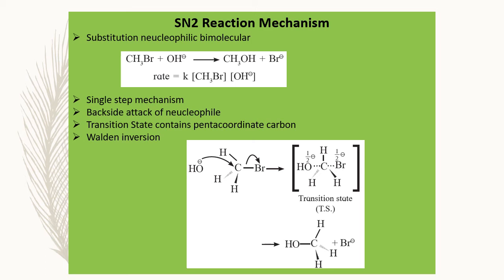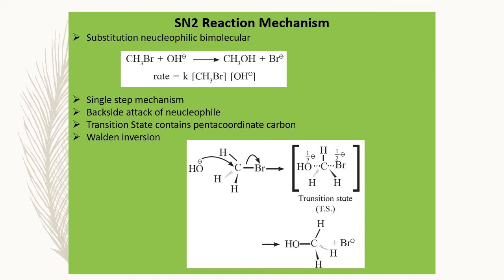In the transition state, the nucleophile and leaving group are bonded to the carbon atom with partial bonds and carry the partial negative charge. The transition state contains penta-coordinate carbon having 3 sigma bonds in one plane, making a bond angle of 120 degrees with each other, and 2 partial covalent bonds along a line perpendicular to this plane.